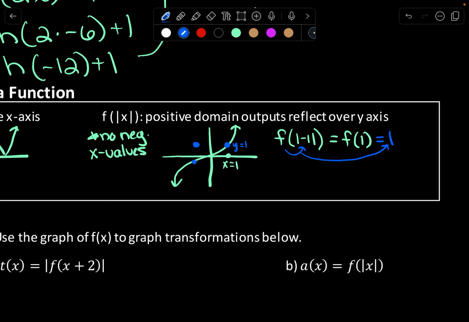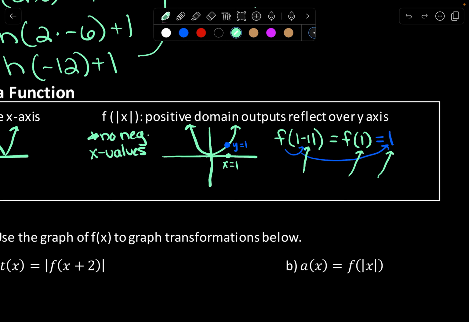But it's not a direct reflection, because we're not using x equals -1. It doesn't exist anymore. What's happening here is that we are literally erasing anything that is on the left side of the y-axis, and we are stealing the outputs from the positive values. Because anytime we put a negative value in here, it's going to become the positive x value, which means we are now using the outputs all from the positive side.